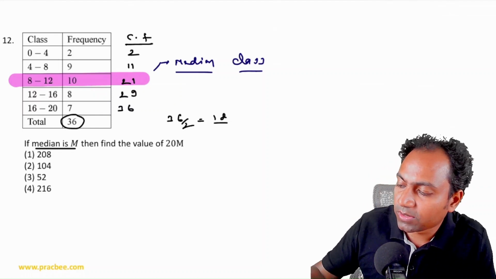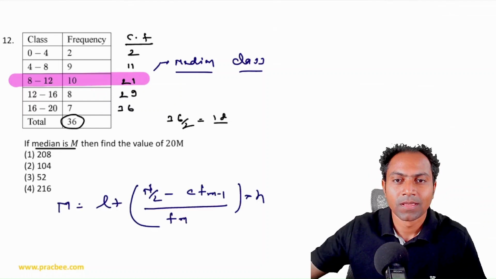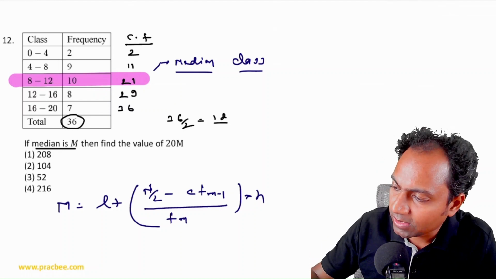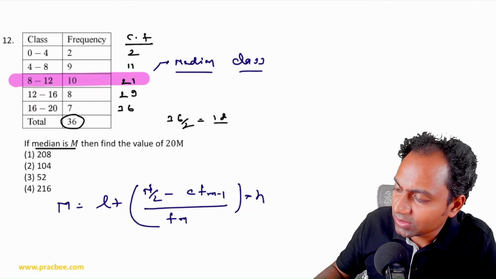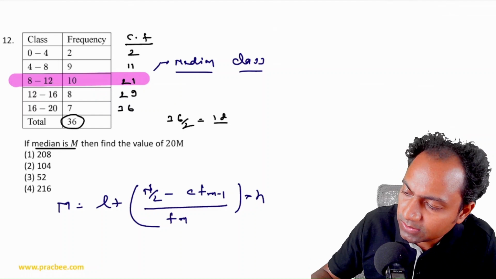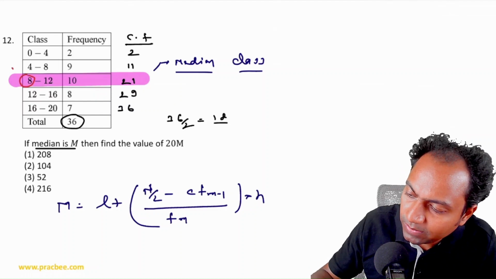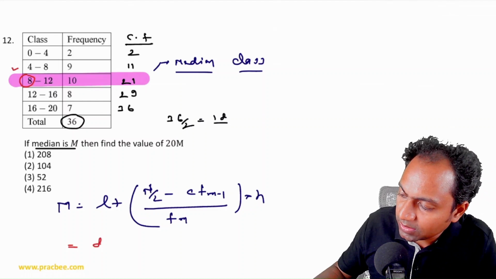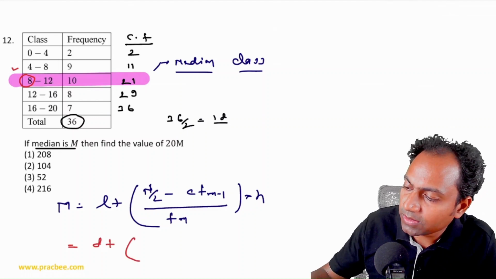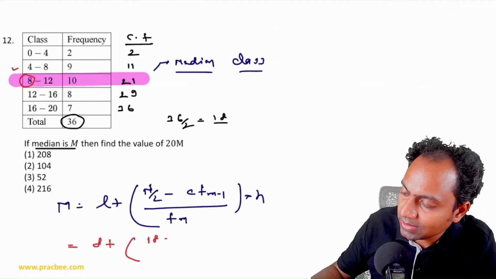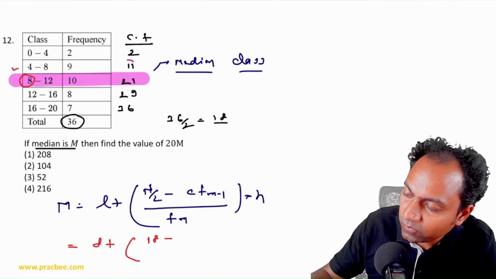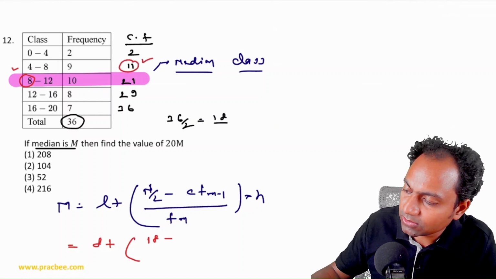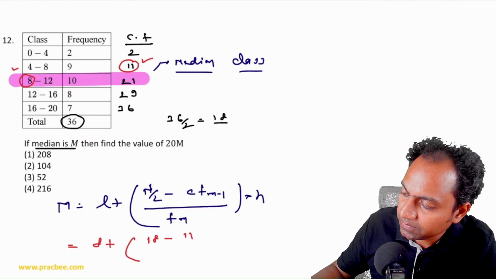So this is very important. Now the formula that we have is, if you use this formula that is in front of us, what is L here? L is nothing but the lower limit of the median class. So the value of this part becomes nothing but 8. N by 2 is nothing but 36 by 2. So this becomes 18. Cumulative frequency would mean of the preceding class. So this would become nothing but 11.